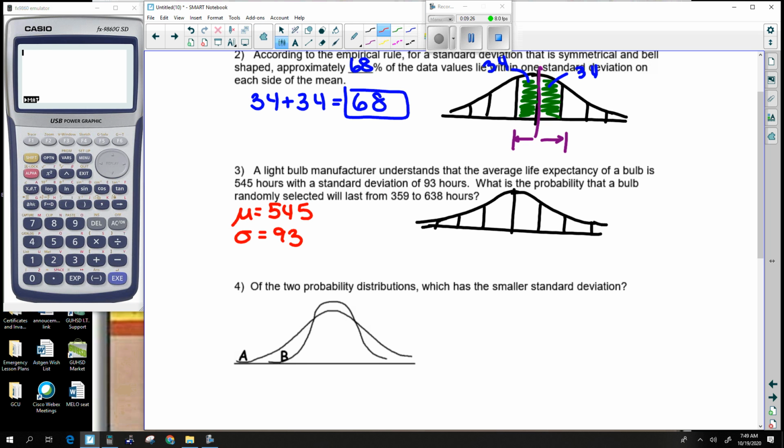Okay, so 545, 638, 731, 824, and going down, 452.5.